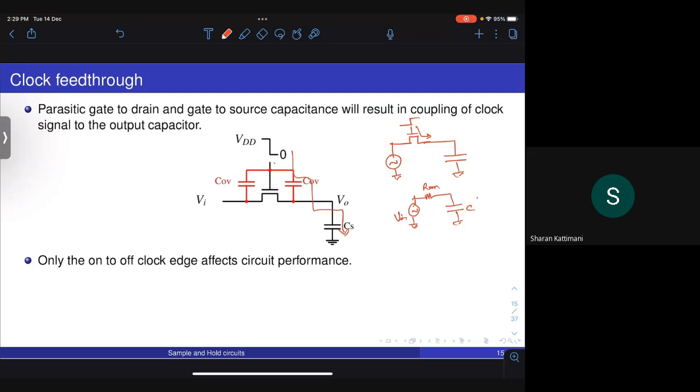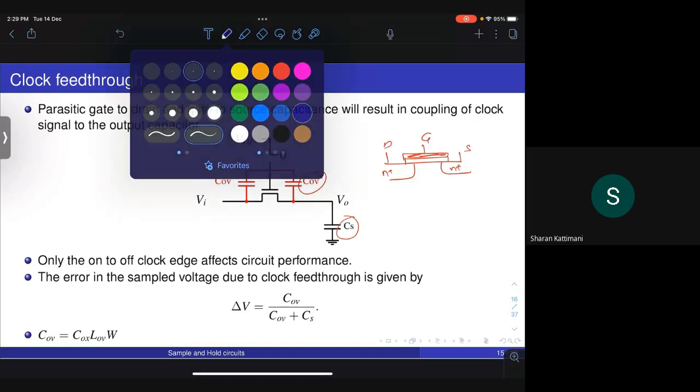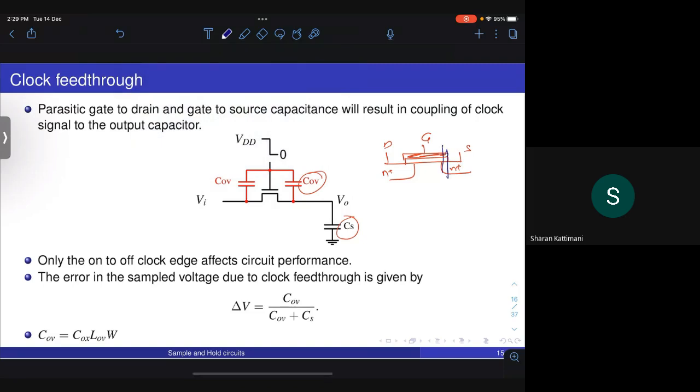Now we can calculate the error in the sampled value by estimating the parasitic capacitance and knowing the sampling capacitance. So if my sampling capacitance is CS and the overlap capacitance is COV, COV is basically the MOSFET's overlap capacitance. If I have an NMOS like this, there is a small overlap between the gate and the source, and that produces an overlap capacitance.